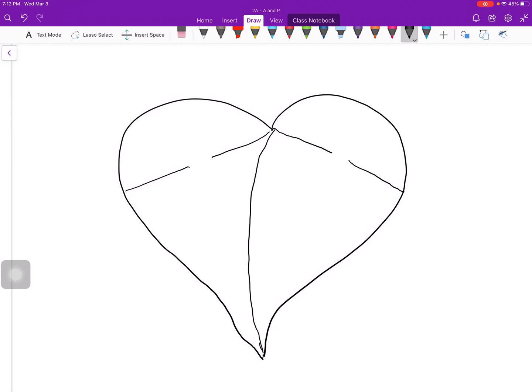Our upper chambers are called our atria, and they are our receiving chambers. So I have the right atrium, which can be abbreviated RA. And then I have the left atrium.